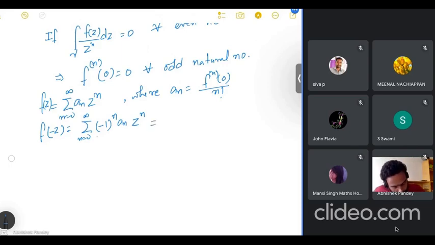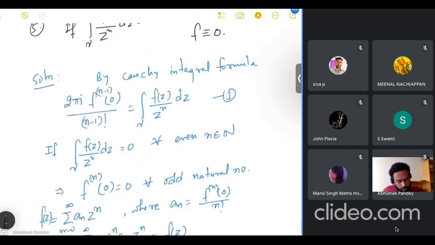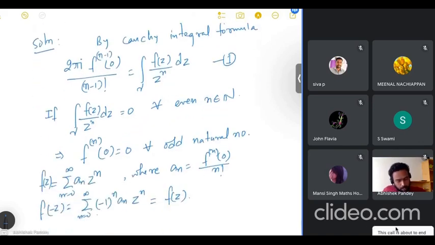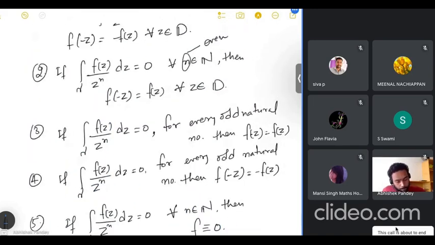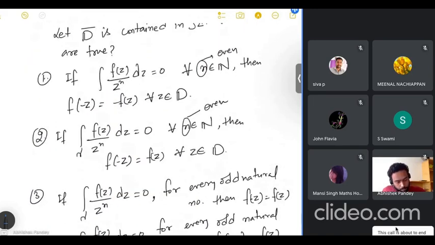It means that this is nothing but f(z). I hope this is clear. So f(-z) is f(z) if equation 1 is true for every even n. So the second one is true, the first one is false. Is it clear?